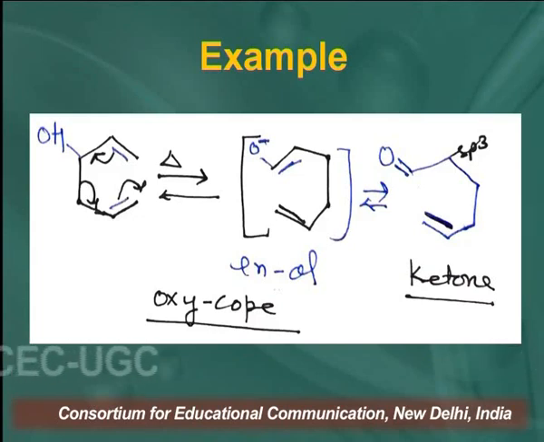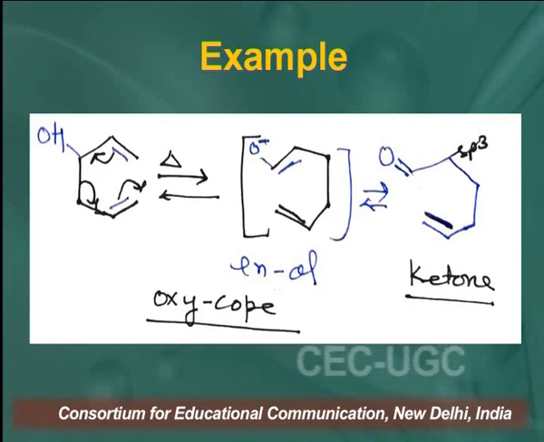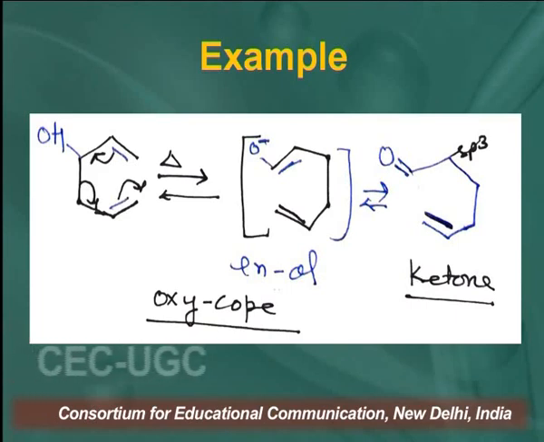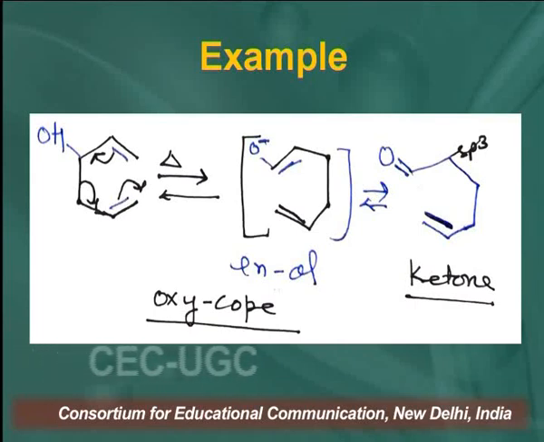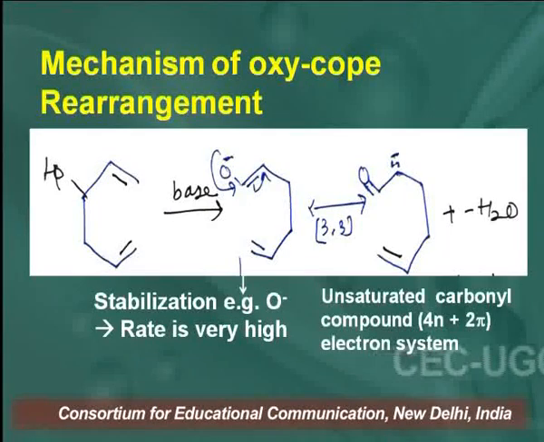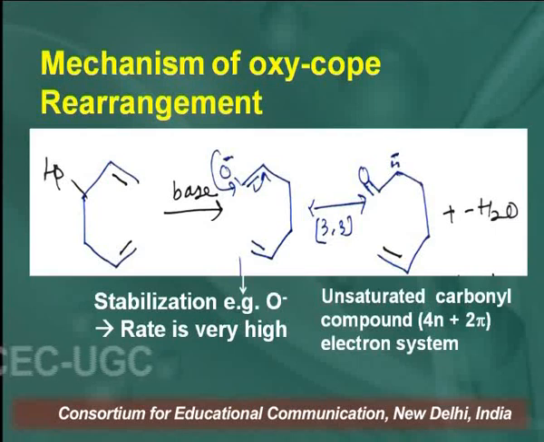So this is an example of Oxy-Cope rearrangement. On the 1,5-diene you can see an allylic carbon, and on that allylic carbon an OH group is attached. Due to the presence of that OH group, the rate of reaction is very fast, and we get a very stable ketone. This reaction is called the Oxy-Cope reaction. Now we will see the mechanism.